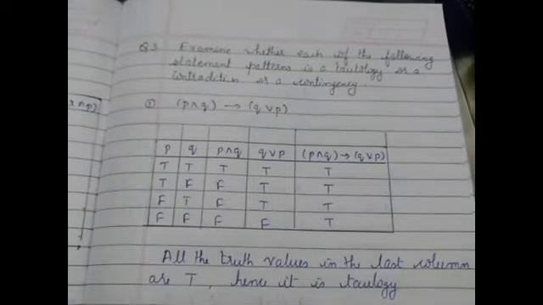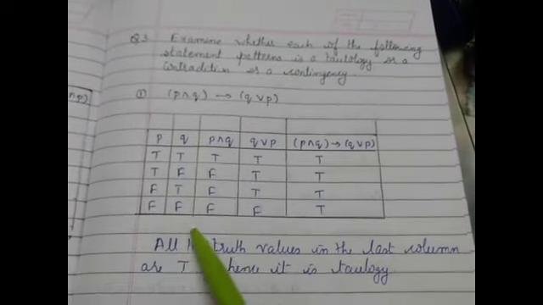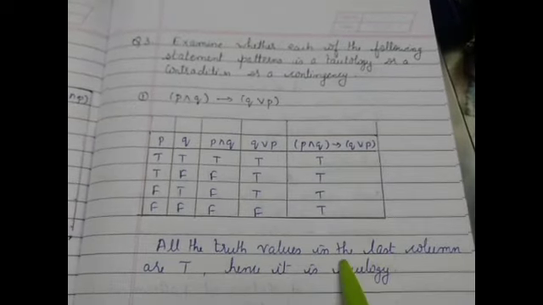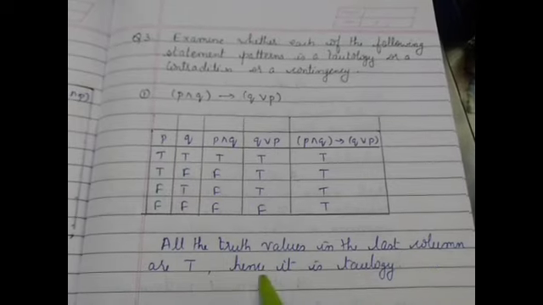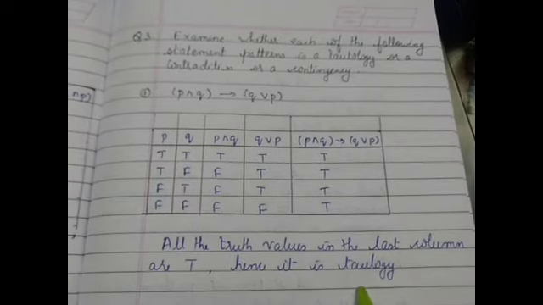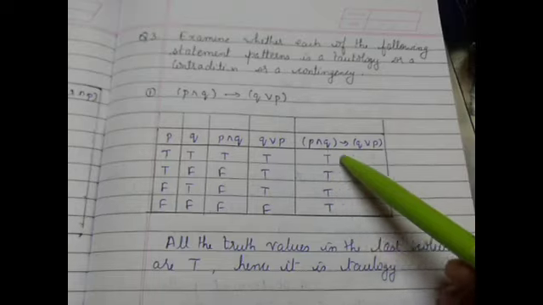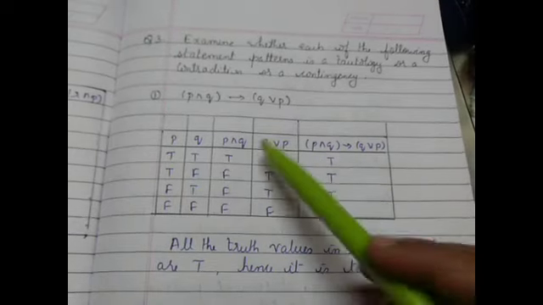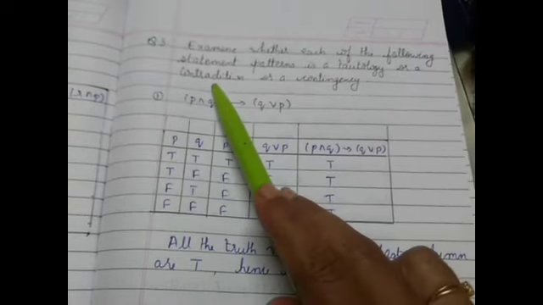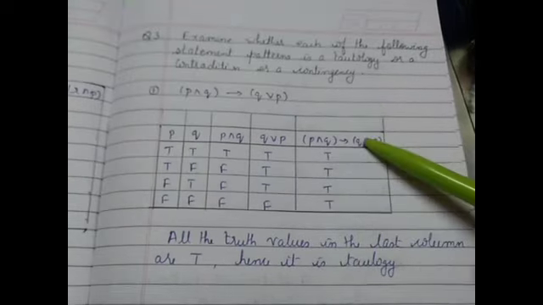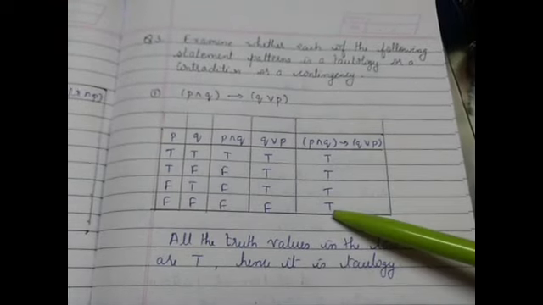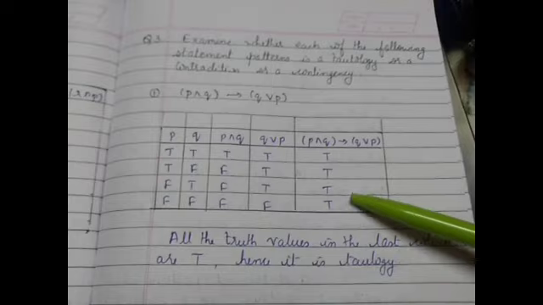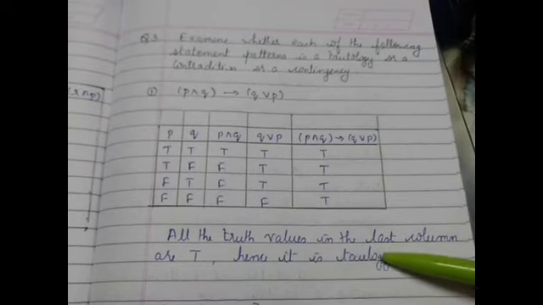So all the truth values in the last column are T, hence it is a tautology. If all entries were FFF, I would have written it is a contradiction. If it is neither tautology nor contradiction, we would have written contingency.